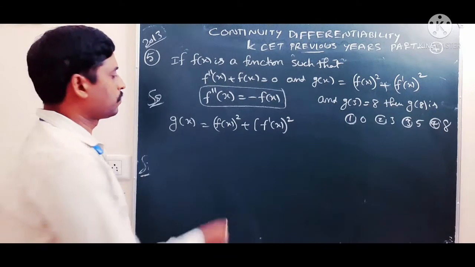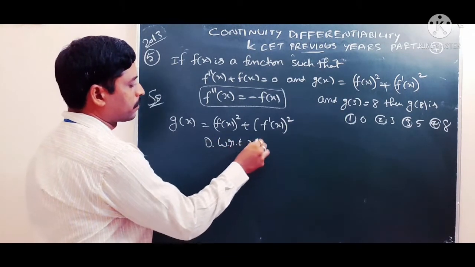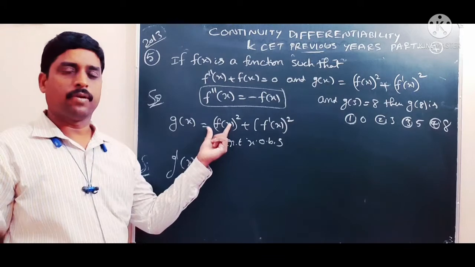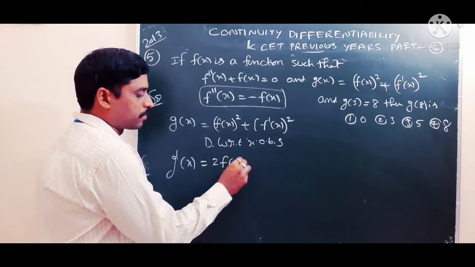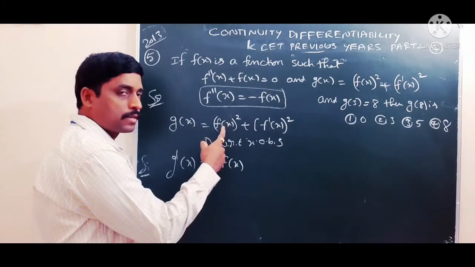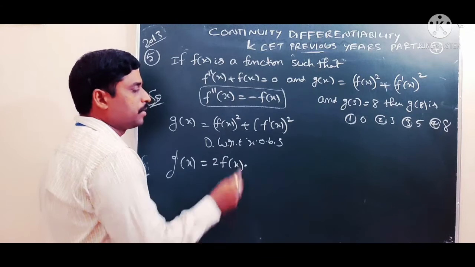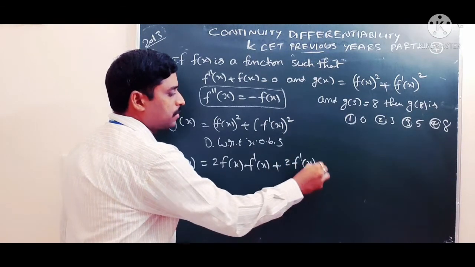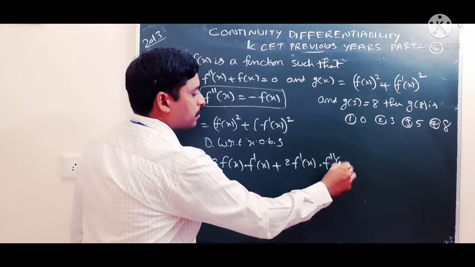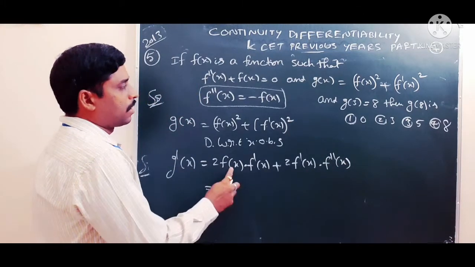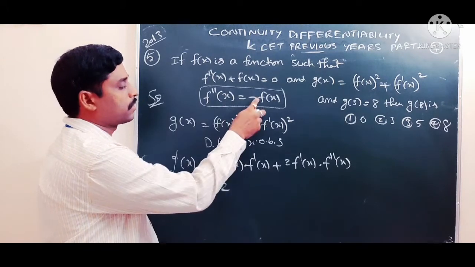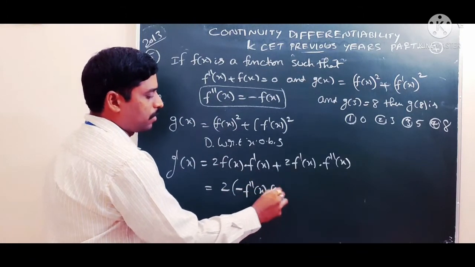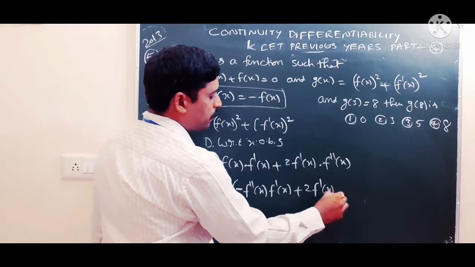So g of x is equal to f of x whole square plus f dash x whole square. Now applying the derivative on both sides, g dash x is equal to the differentiation of f of x whole square, which is 2 into f of x into f dash x, plus 2 into f dash x into f double dash x.